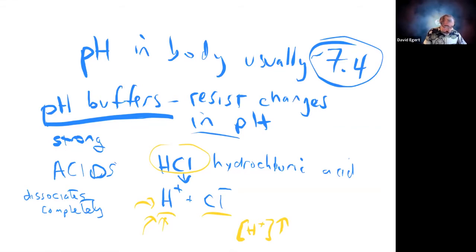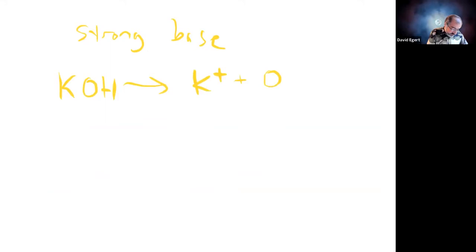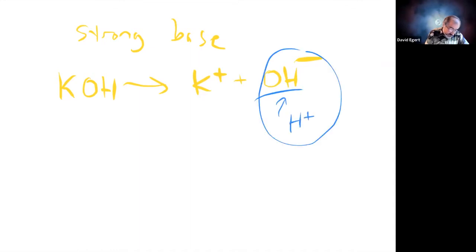You can also have strong bases, like potassium hydroxide. You put this into water and it dissociates into potassiums and hydroxyls. And like I said, the hydroxyls then combine with the free H pluses to become H2Os.